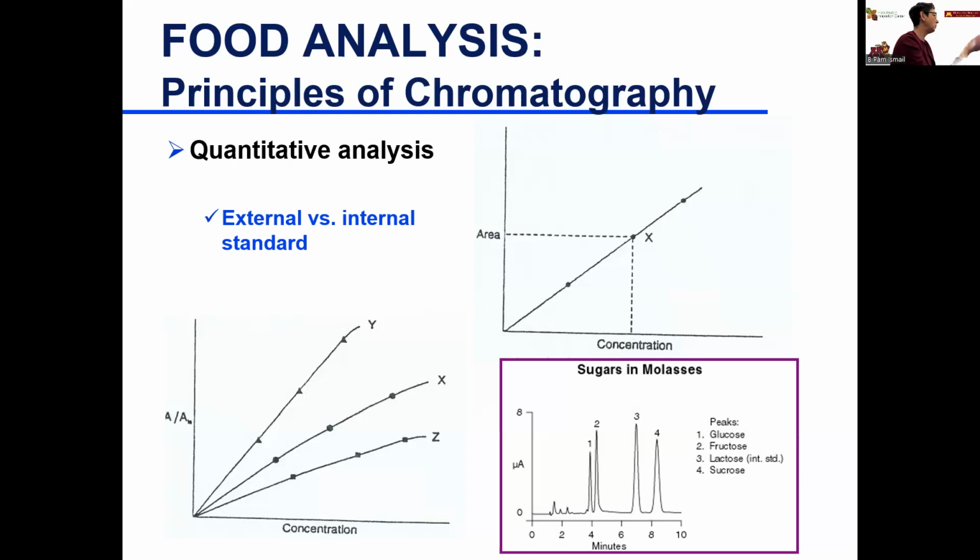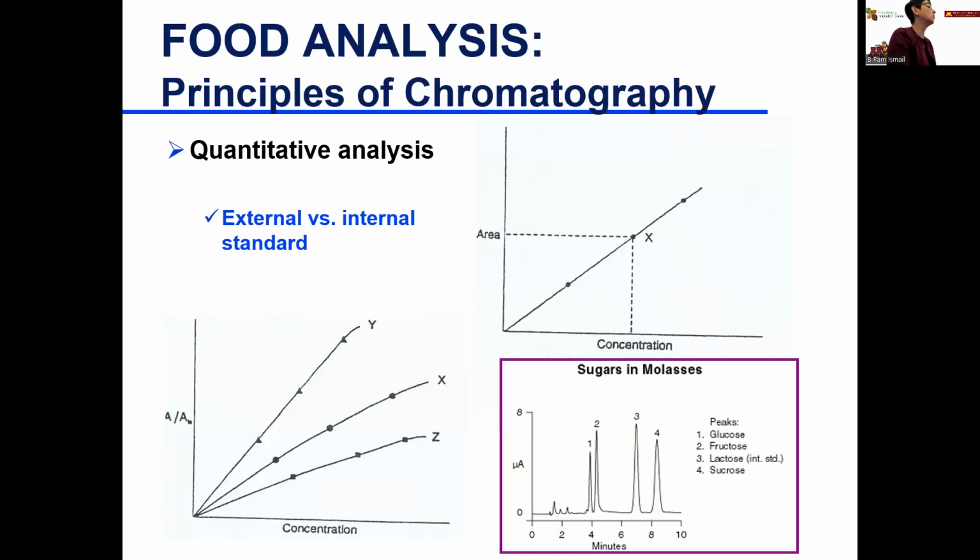For example, you can get a C4 fatty acid that has 4 carbons and use that as an internal standard, a synthetic compound that is structurally similar to your compound.